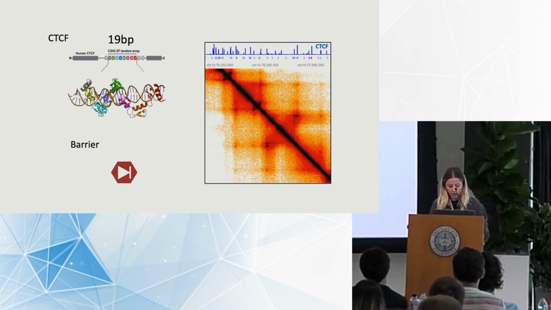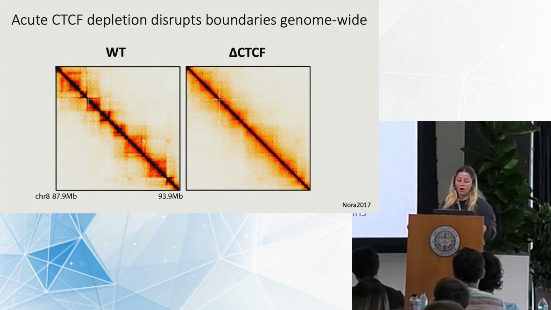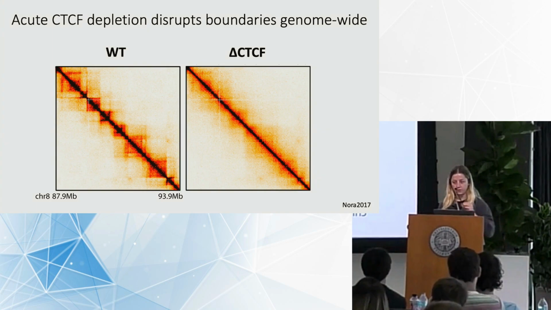We really don't know. There are depletion experiments in which CTCF has been acutely depleted, and we can see that globally, CTCF is extremely important to create TADs, and they disappear if CTCF is not in the cell.